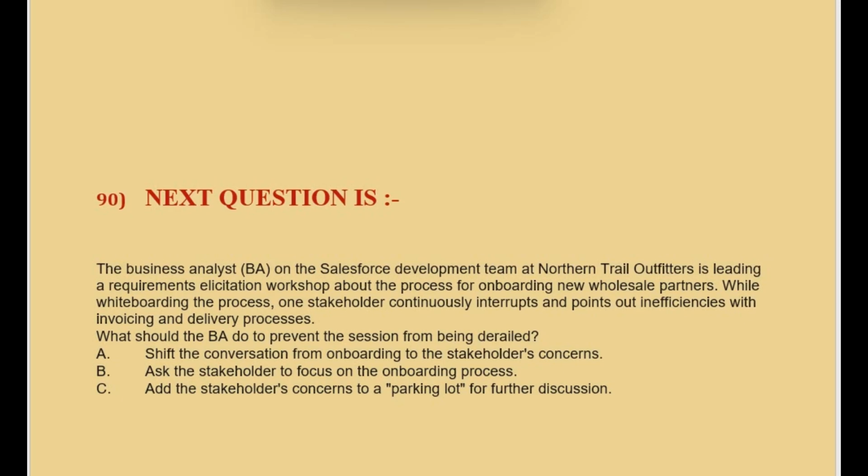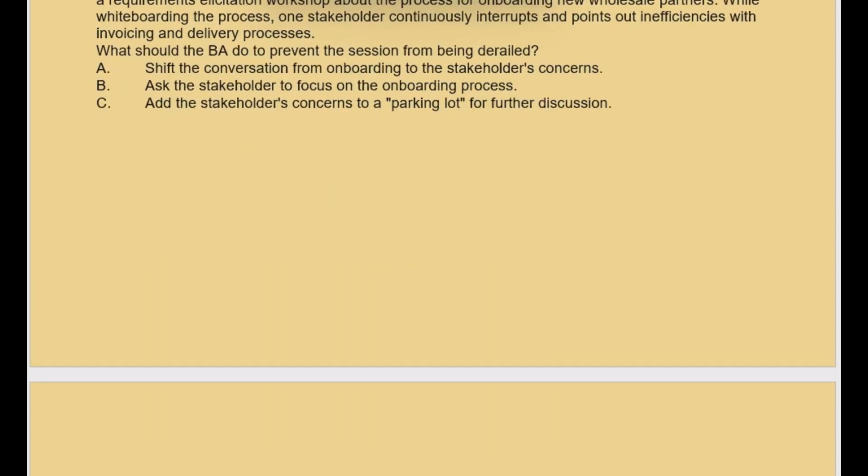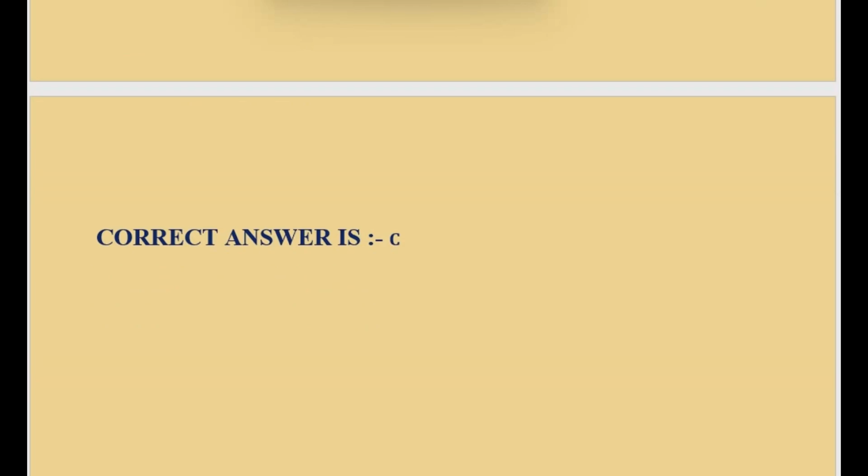What should the BA do to prevent the session from being derailed? Option A, shift the conversation from onboarding to the stakeholders' concerns. Option B, ask the stakeholder to focus on the onboarding process. Option C, add the stakeholders' concerns to a parking lot for further discussion. Correct answer is option C.